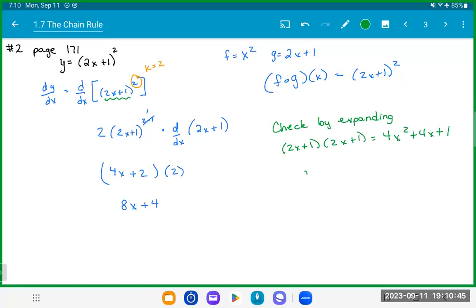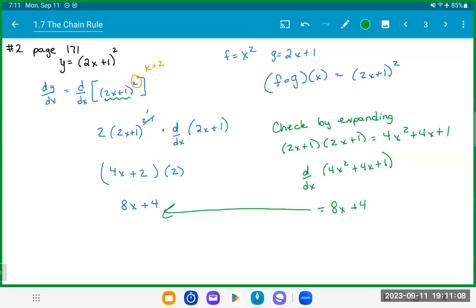So then when I take the derivative of 4x squared plus 4x plus 1, I can use those techniques that we learned from the product rule and see that that is 8x plus 4, which is exactly what we got by using the extended power rule.